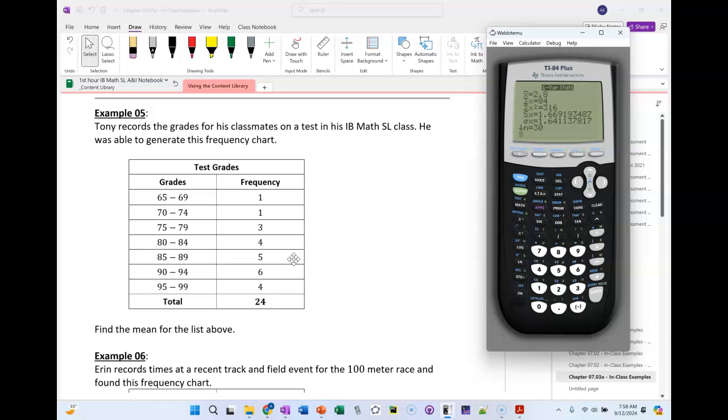And then you do it the same way as the previous one after that, because again, you have frequencies. So I got 86.375. Nice.